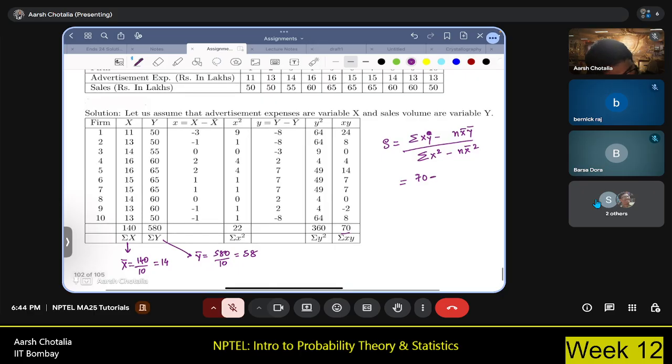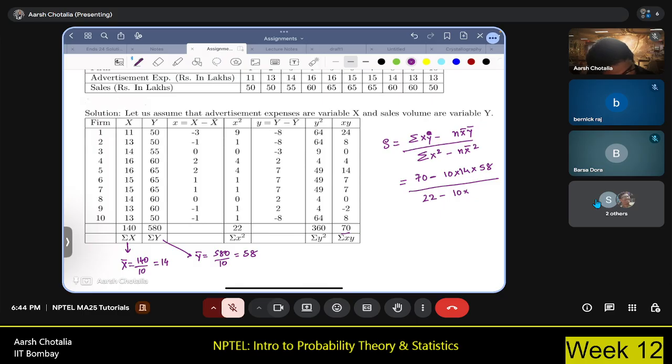That turns out to be n is 10 into x bar is 14 and y bar is 58, divided by sum over x square, that is 22, and minus n into x bar square.